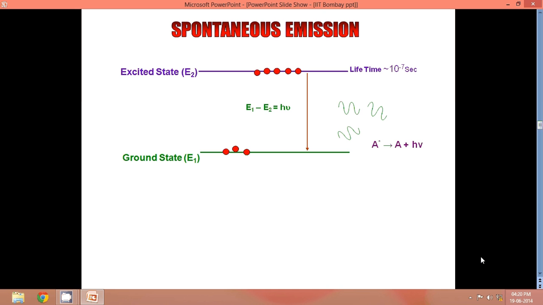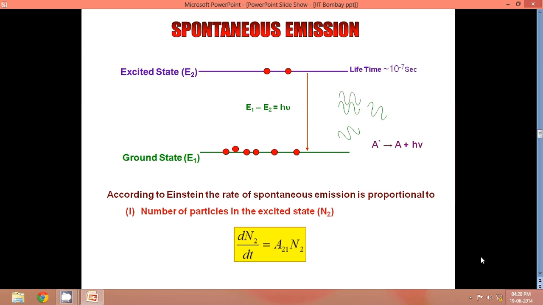That means the atom is initially in the excited state and it is giving out one photon as radiation and coming to the ground state. Such an emission, in which the transition is from upper level to lower level, is called spontaneous emission.